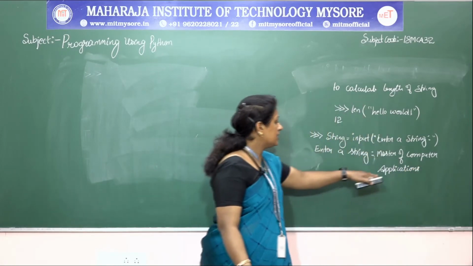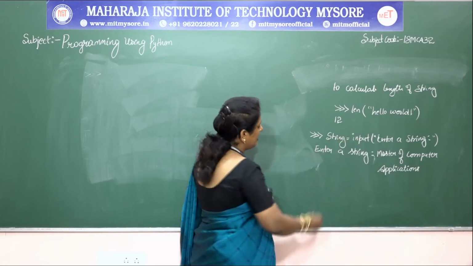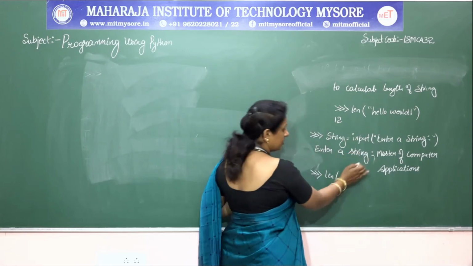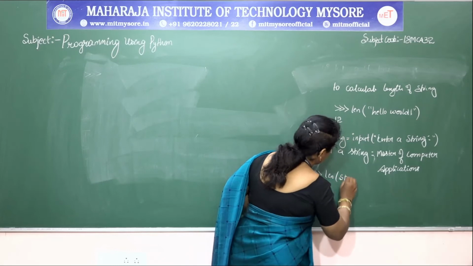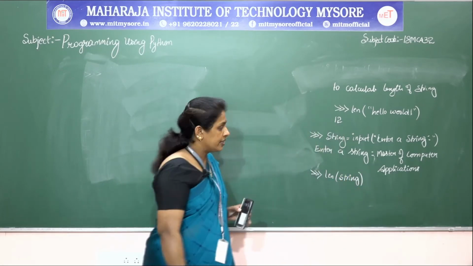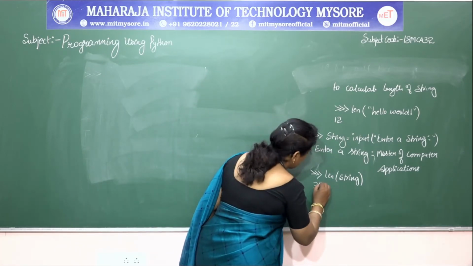This value will be stored in a variable called string. Then I am going to find out the length of this entered string using the variable string. When this statement gets executed, I will get output as 31.